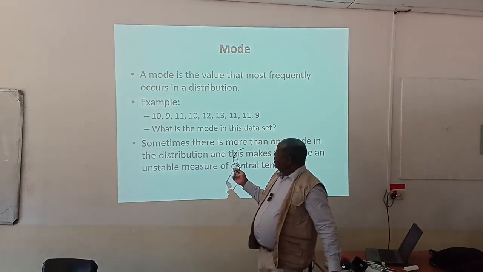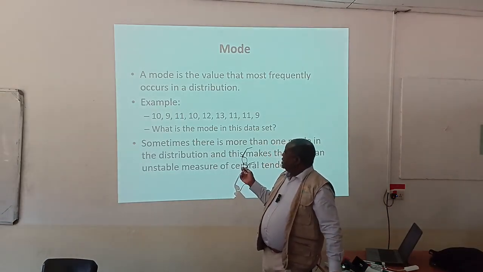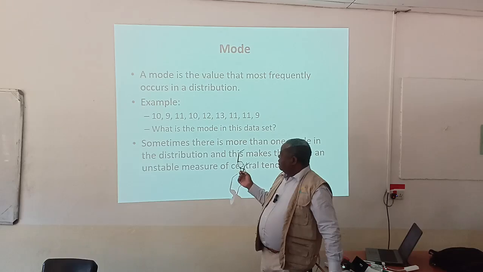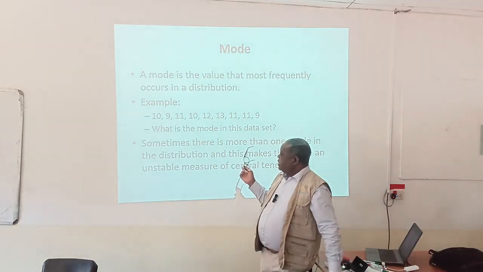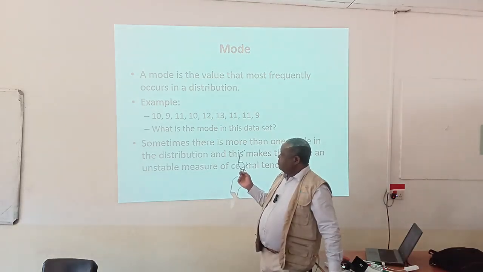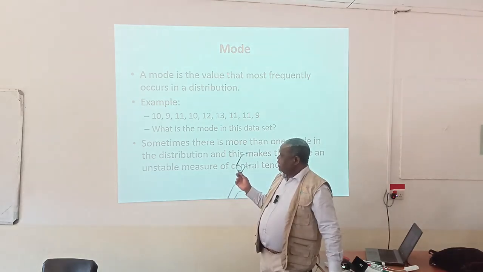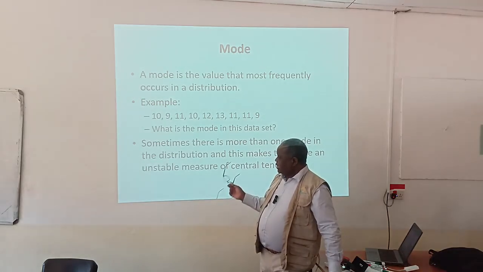And we said the mode is a measure of average, which simply refers to the most frequently occurring score in a distribution.